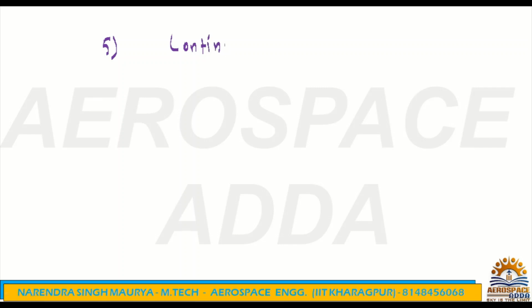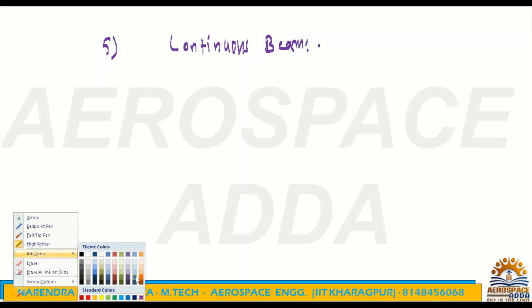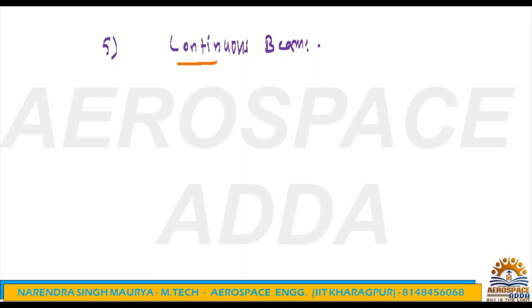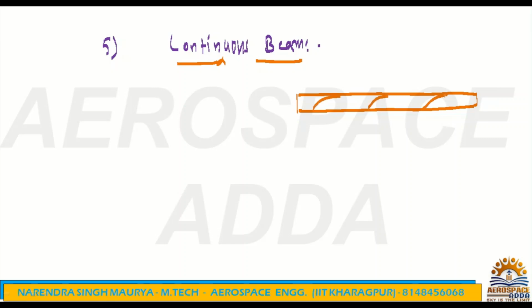Continuous beam. For the continuous beam, you can say this beam has multiple supports, more than two supports.